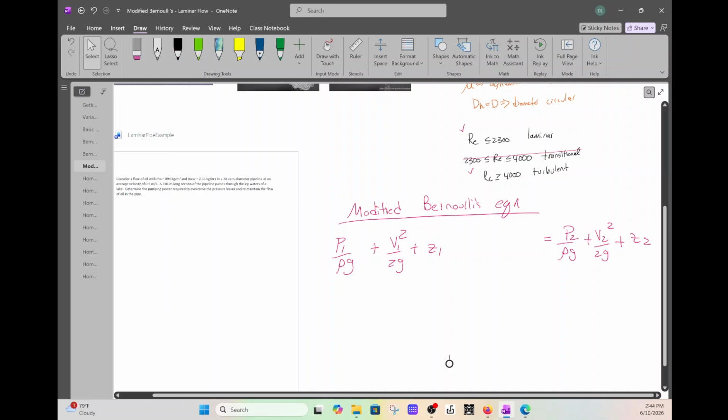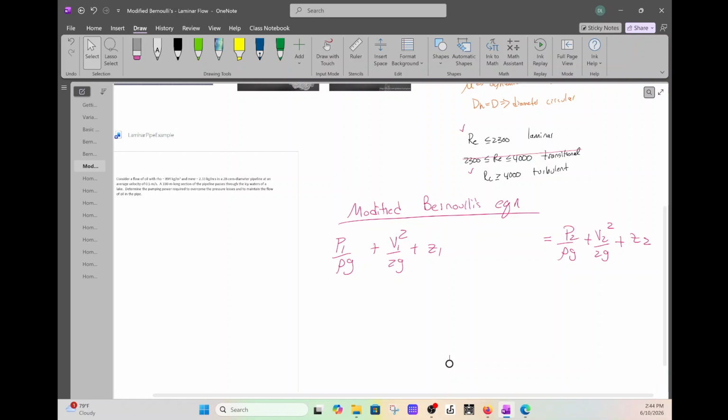because we're going to add 3 terms to the Bernoulli's to make it modified. The first one is HP. This is head from a pump. So if we put a pump in line to move liquid, or gas, or liquid is typically a pump, okay?